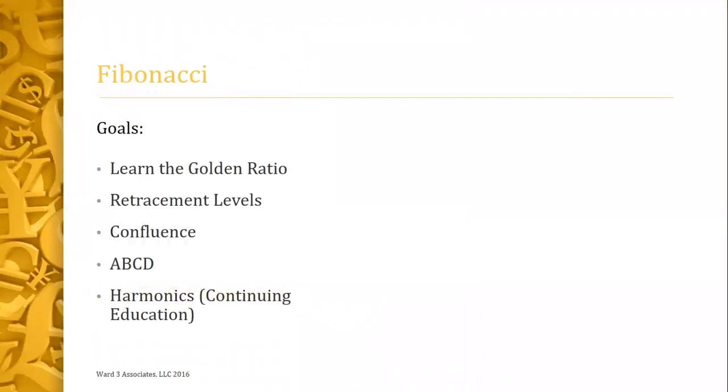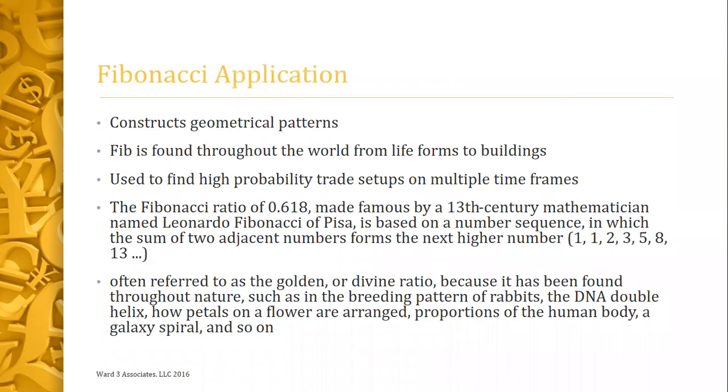The goal of this is to learn the golden ratio and your different retracement levels. Fibonacci is actually an added confluence, okay? I'm going to teach you all how to identify the ABCD as far as Fibonacci, and Fibonacci has a lot to do with harmonics. We don't have to worry about that just yet.